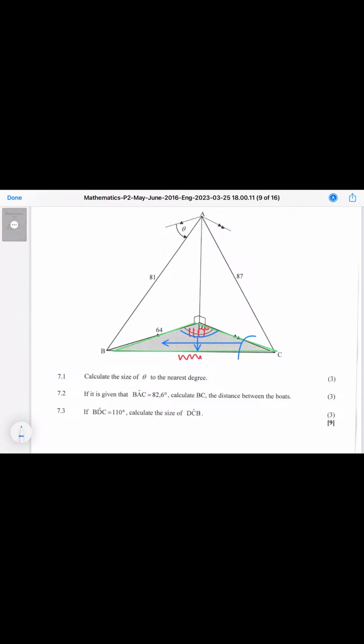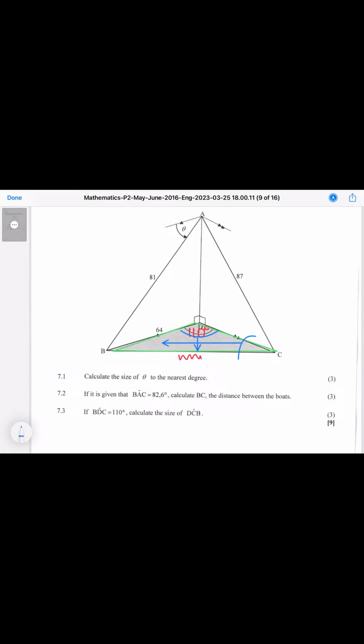This is where you need to ask yourself a question. Are you going to use the cosine rule or the sine rule? One thing for sure, you can see that triangle is not a right-angled triangle, which means you're going to use one of the rules.